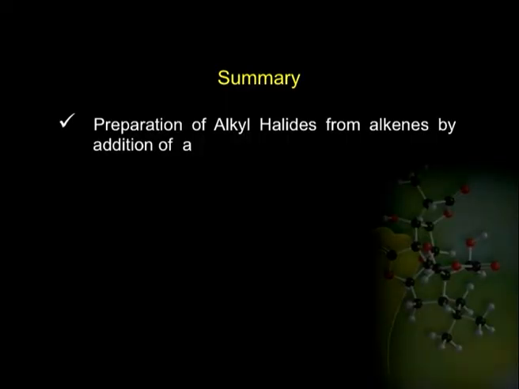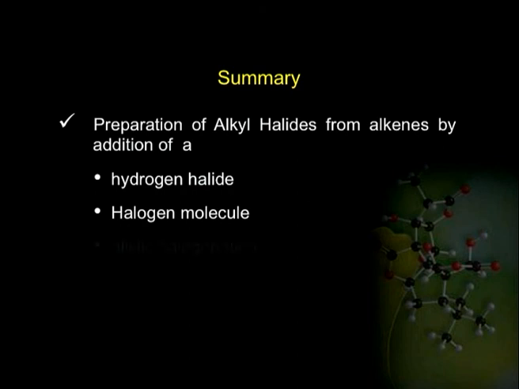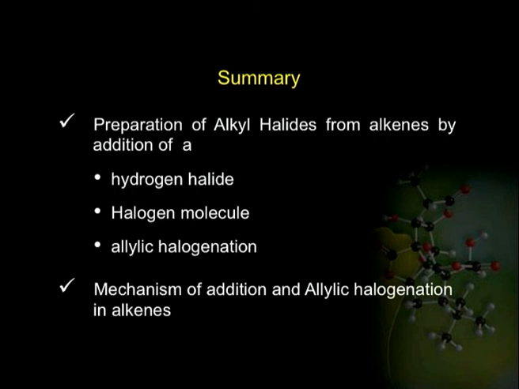We have talked about the preparation of alkyl halides from alkenes by addition of hydrogen halide and halogen molecule, or we have seen that allylic halogenation is another possibility in case of alkenes by which we can prepare alkyl halides, and the mechanism of addition of the hydrogen halide and halogen molecule shows that hydrogen halide adds by a free radical mechanism, whereas halogen molecule takes place by electrophilic addition mechanism.